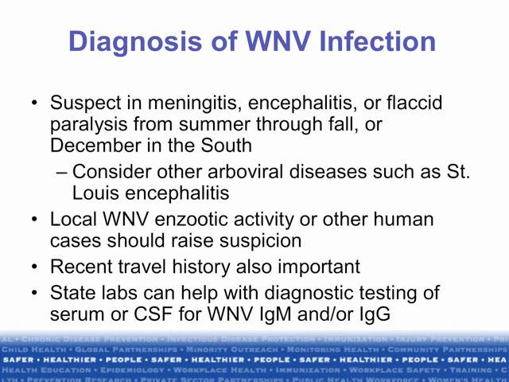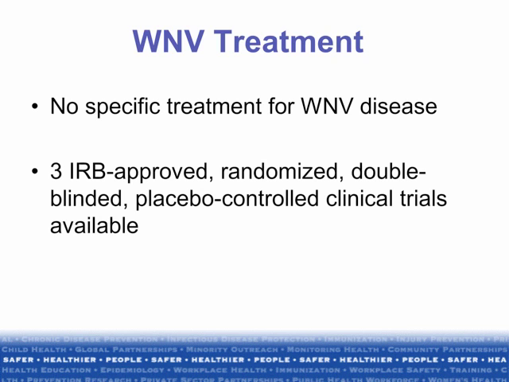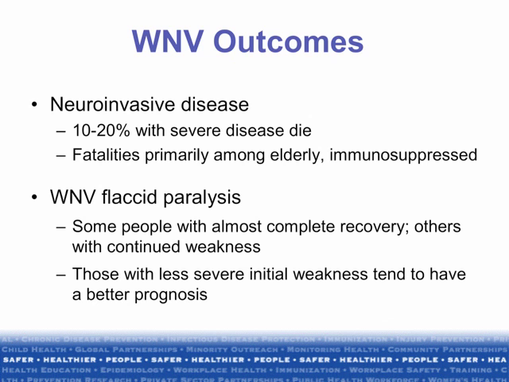The diagnosis is with the serology, and you can treat it with probably the interferons, and the immune globulins are being investigated. Now, remember, the elderly, immune suppressed, severe disease, 10-20% mortality, they don't do as well. The paralysis people tend to have a pretty good recovery.